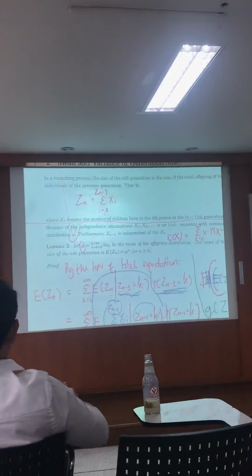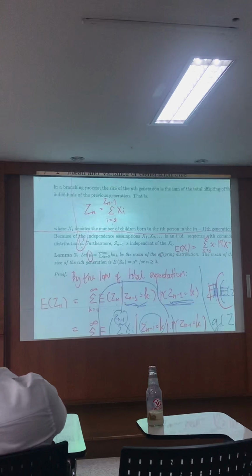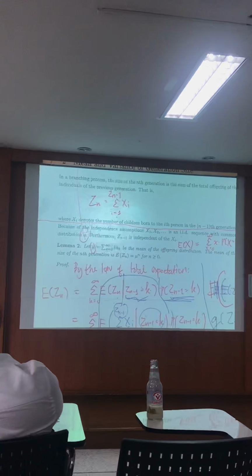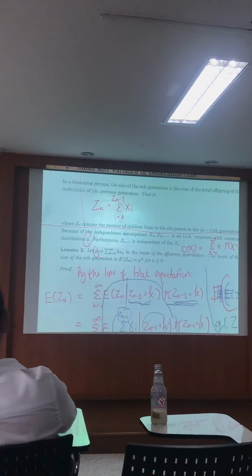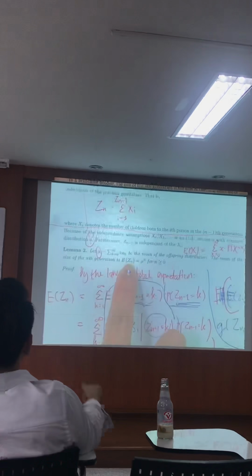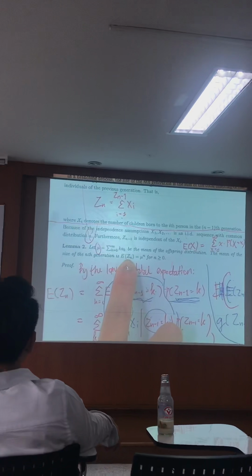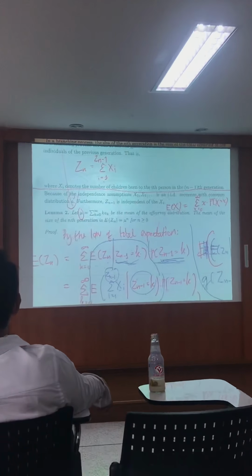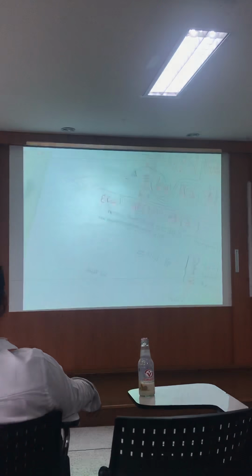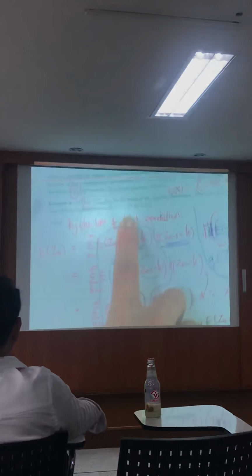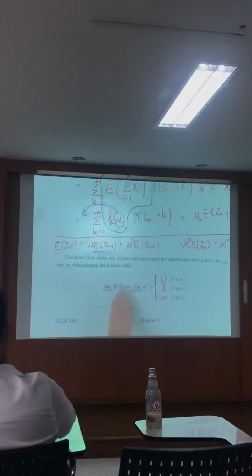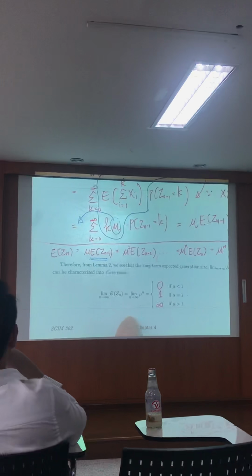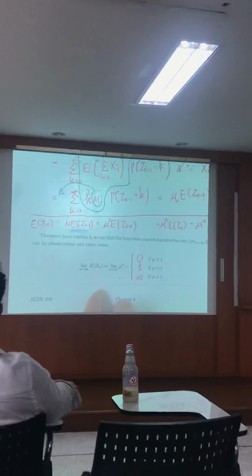Given the mean of the offspring, mu, and sigma squared, for the offspring size, we will be able to find the mean of the generation size by calculating mu to the n. For the variance, we use this formula to classify the long-term distribution, the long-term mean, right?